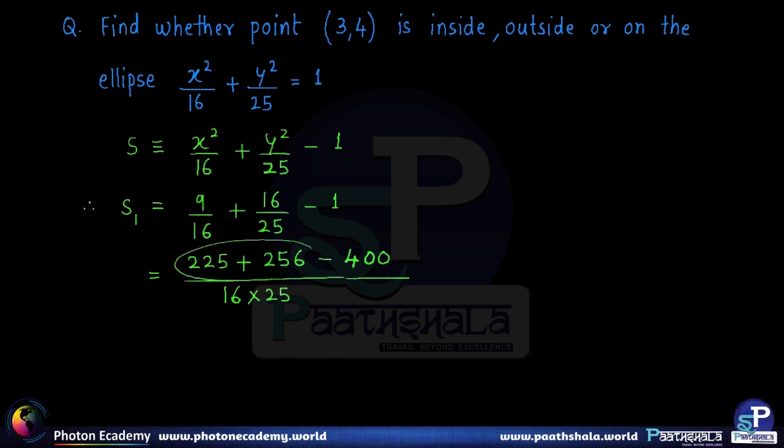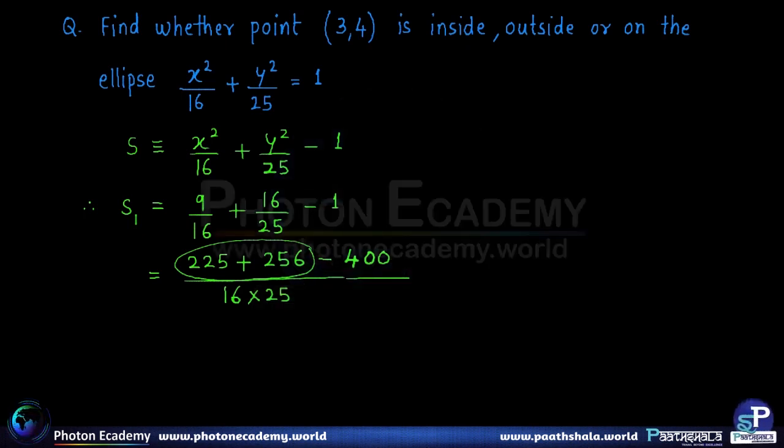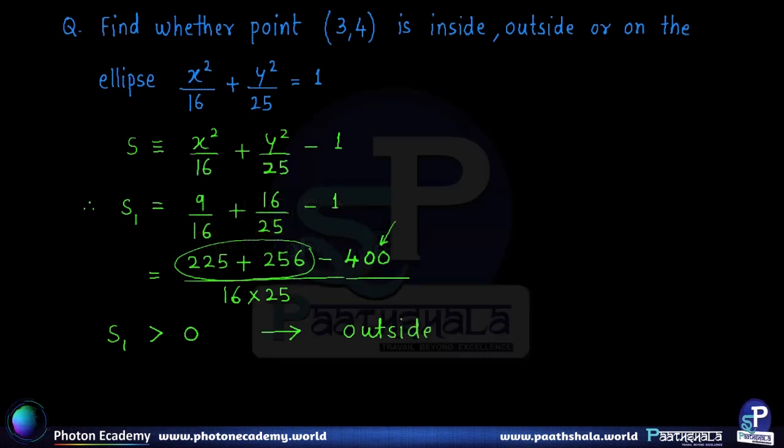If you see the first two terms, that is 225 and 256, their sum is greater than 400, and hence when you subtract 400 you will get a positive number. So it turns out that S1 is clearly greater than 0. That means the given point is lying outside the given ellipse. That's the answer.